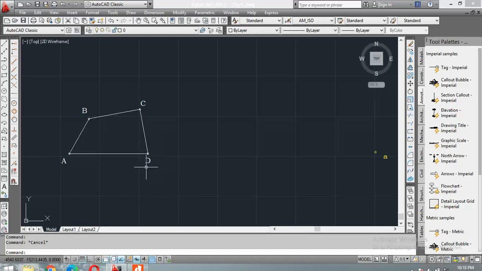If you want to find the velocity of D with reference to A, then VDA is equal to omega DA into DA. So angular velocity of DA is 0. That will indicate linear velocity of DA will also be 0.